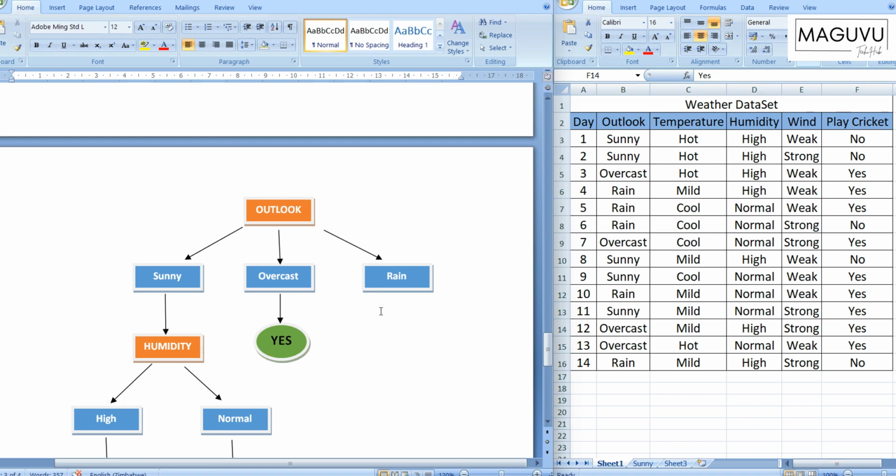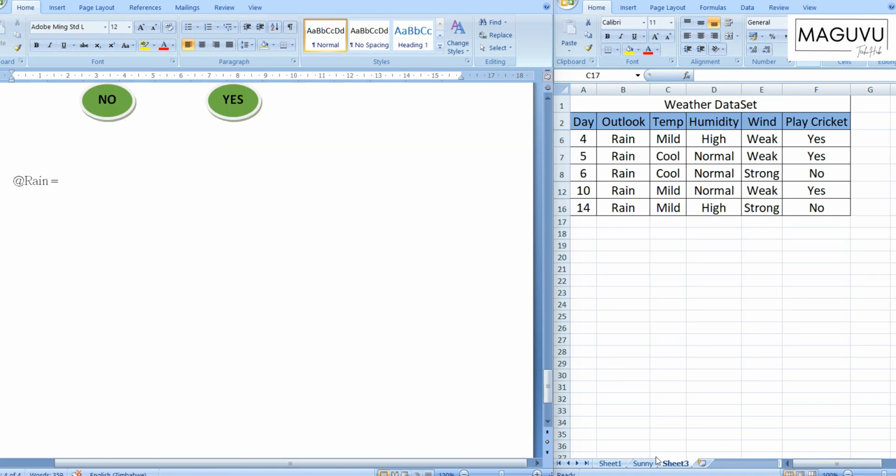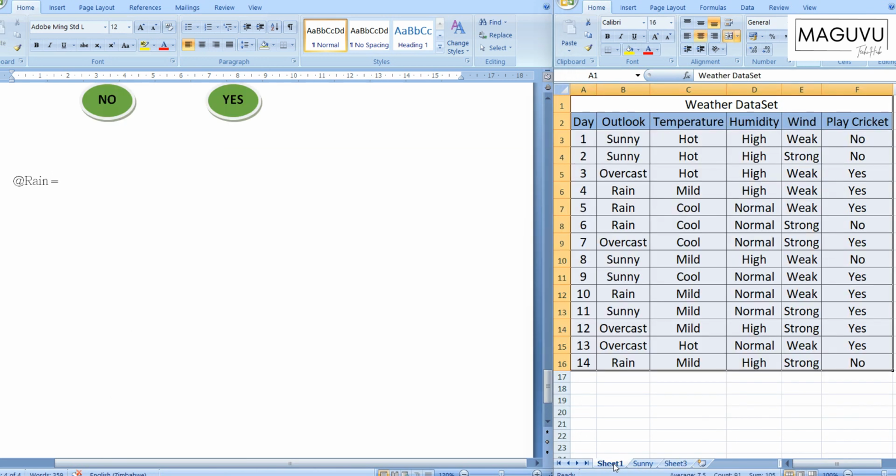So the next thing that we want to do is to now consider Outlook rain and see what we are going to do with those values. Let's go ahead and calculate while it's at rain. When Outlook is rain, which days do we have rain?